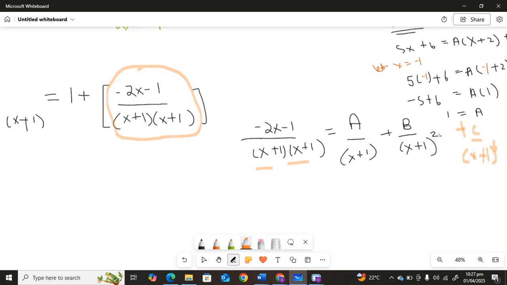It implies that you've got two factors that are the same. If we had three factors that are the same, you would put the power 3.